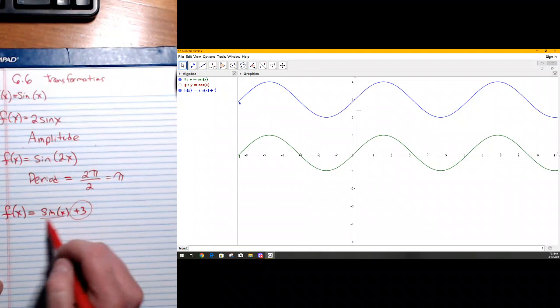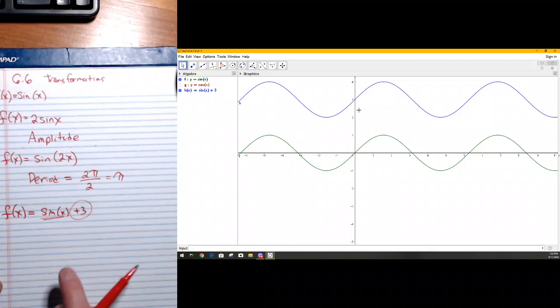So it takes all values that I have for sine here, and then it moves it up on the graph 3 units. We still have the same number of bumps. We still have the same amount of amplitude, if you will. We're just shifting it up 3 units.